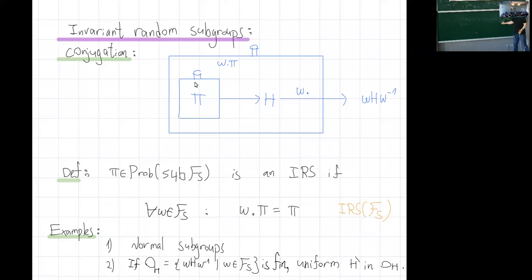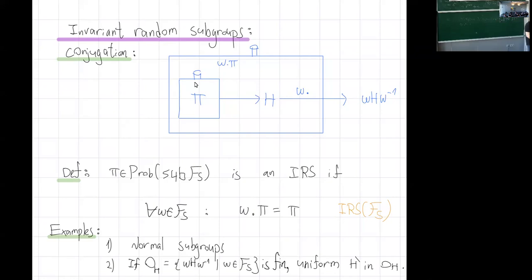If this is finite, you can just take the uniform distribution over the set, and it will be conjugation invariant, because conjugation will just permute this set, but the uniform measure is invariant under any permutation. So a uniform distribution over the conjugation orbit of a single subgroup with a finite conjugation orbit is an invariant random subgroup.